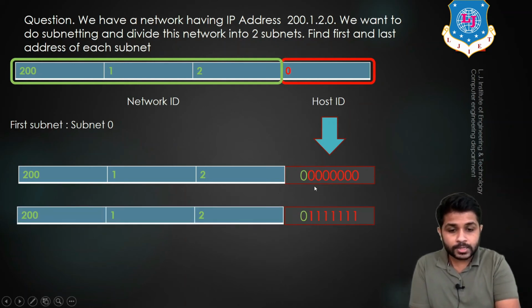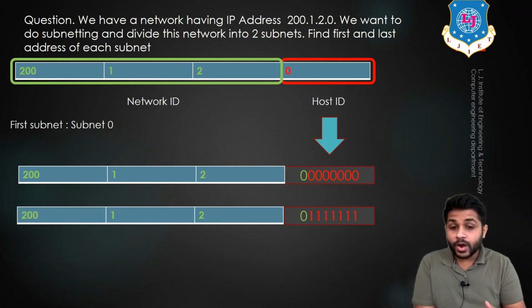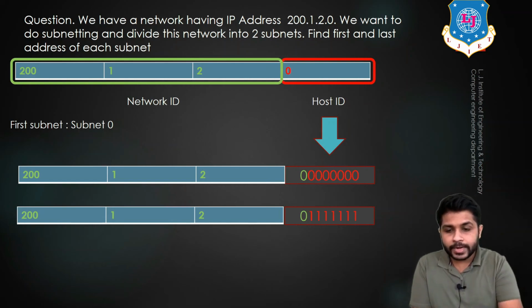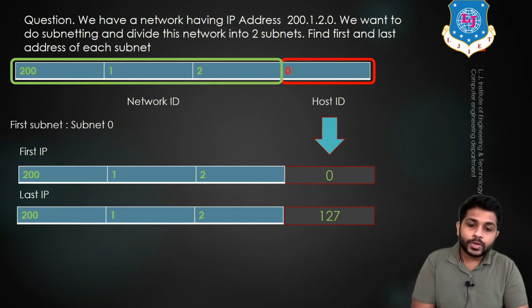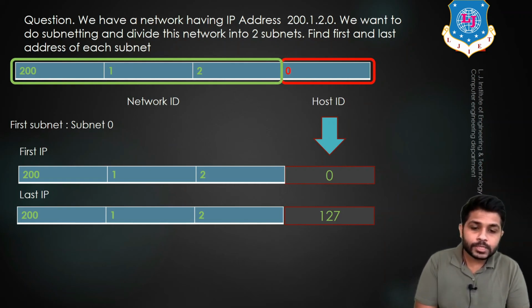You can notice that the value of the converted bits are not changed. So these are 0 and 0. Now if we convert this binary into decimal, we will get the first address, that is 200.1.2.0, and the last address is 200.1.2.127.